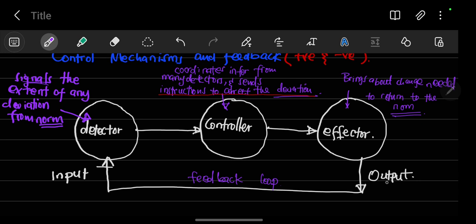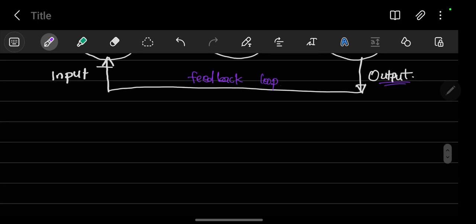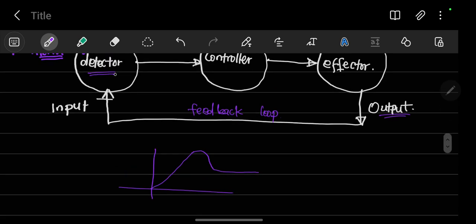Then an output in form of a message is going to be sent to the detector to stop its activity, such that if our sugar levels were very high, and now it has been brought back to the set point there, we have to give the detector a signal to stop bringing down.